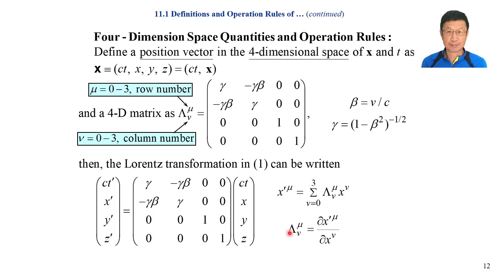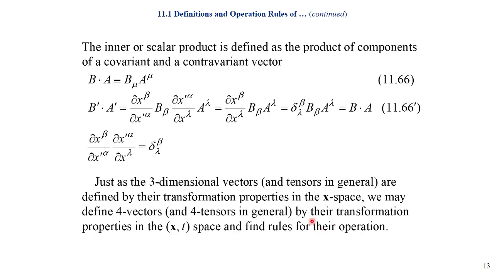Okay, lambda, mu, nu. That's the Lorentz transformation. People denote it as capital lambda. Now we will talk about the inner or scalar product.